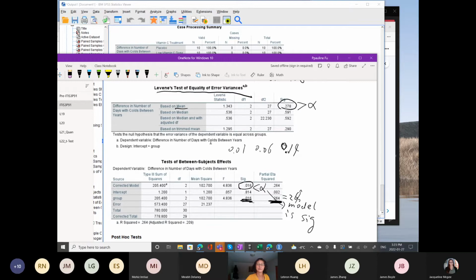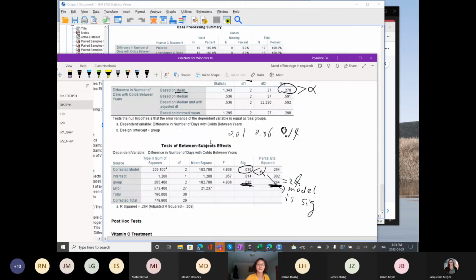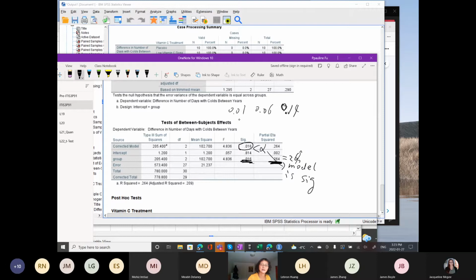Yeah, this table is very important here. And when you study statistics, you should know the relationship between the mean square and the sum of squares. If you use 205 divided by 2, you get 102.